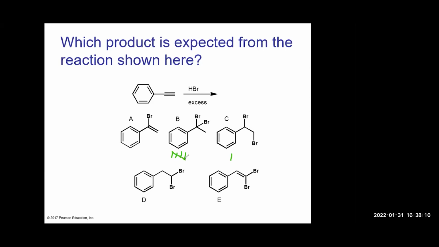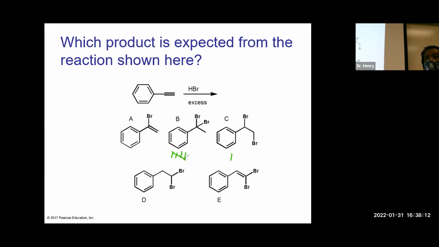So we got 5 for B. That's 6 of 9. Need some more votes.